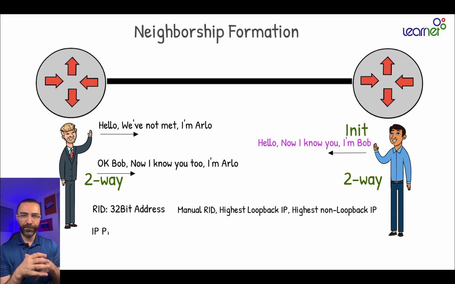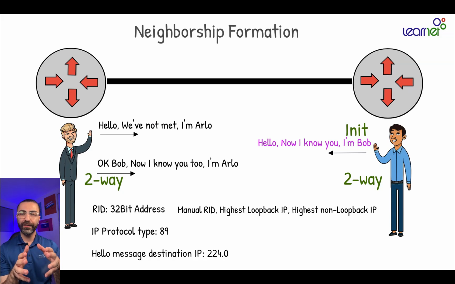In the OSPF packets, the protocol type is 89. I'll show you in the next slide. Especially when OSPF starts the conversation, the destination IP address of all hello messages is 224.0.0.5, which is a reserved IP address for all OSPF routers.